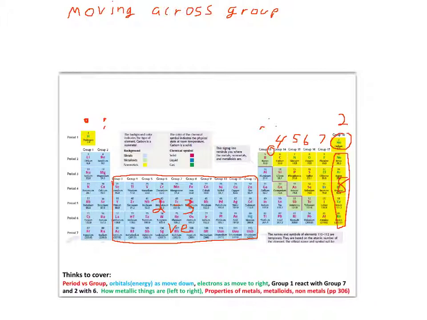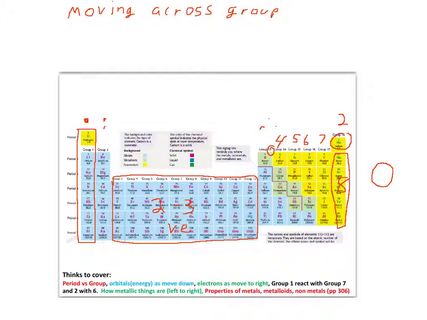Now, because of this pattern, what we find is that atoms in group 1, right here, their easiest way to become stable, and remember, stable means having a full outer shell or full set of valence electrons, is basically to give up an electron.